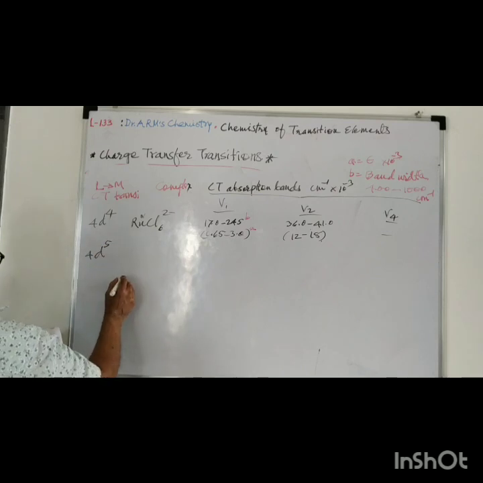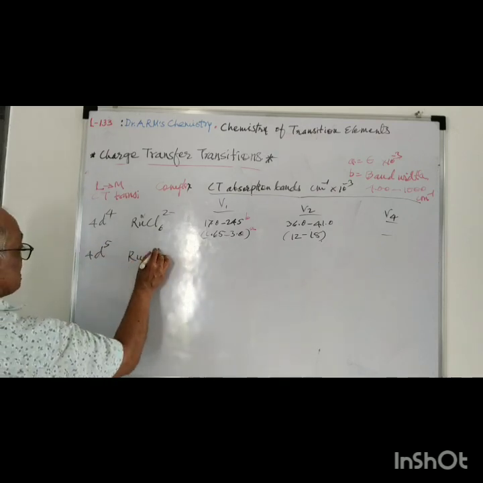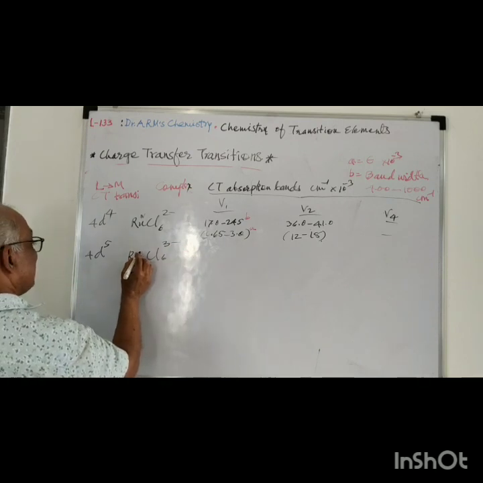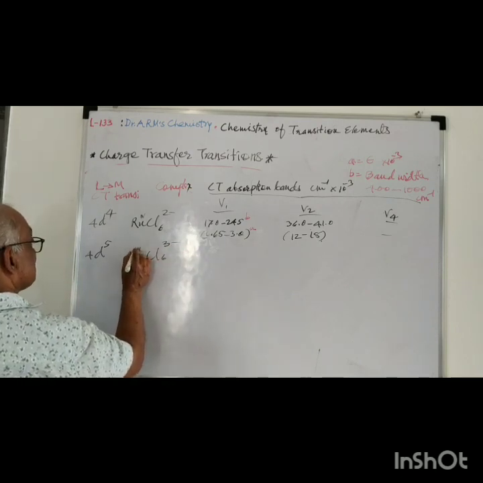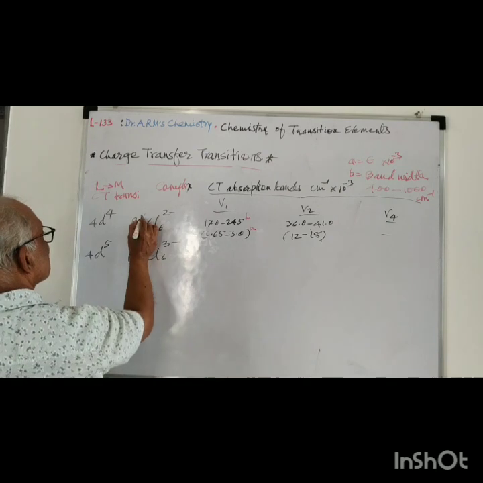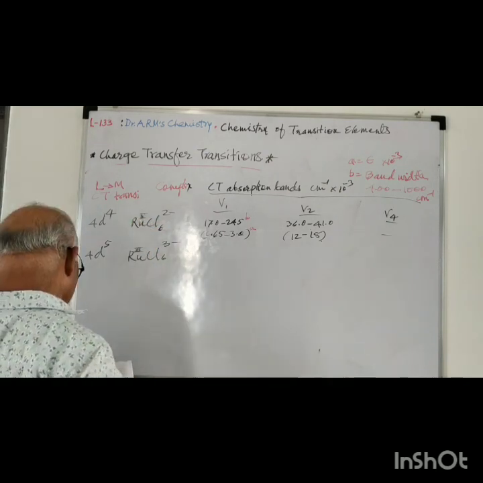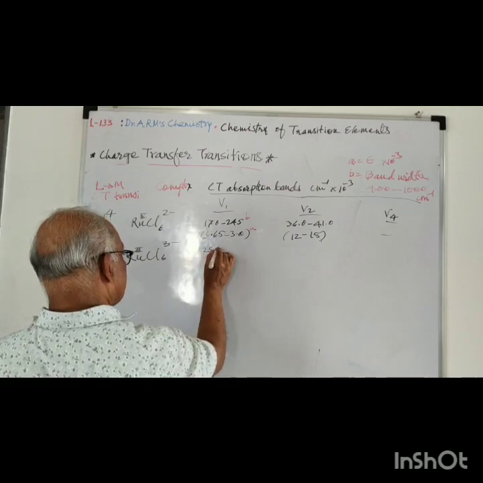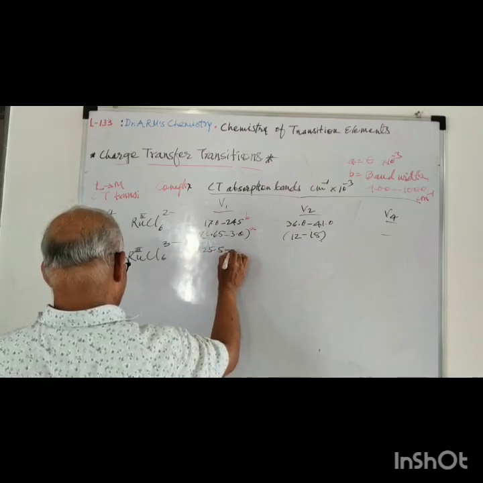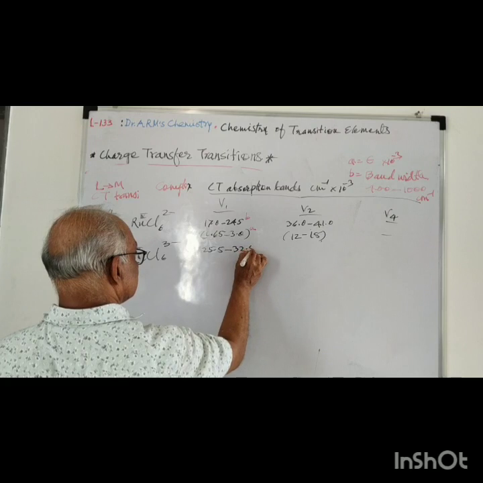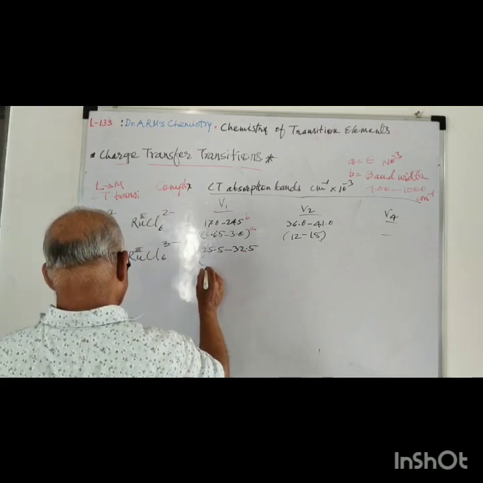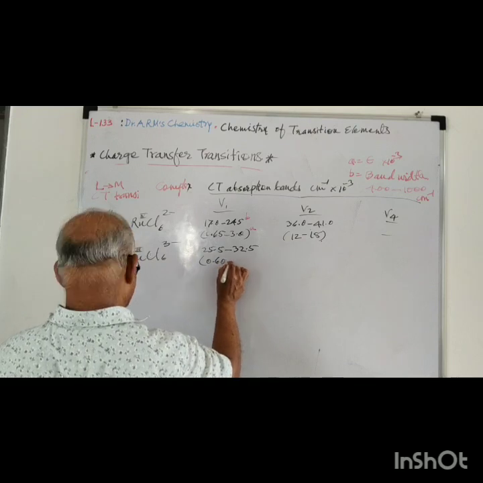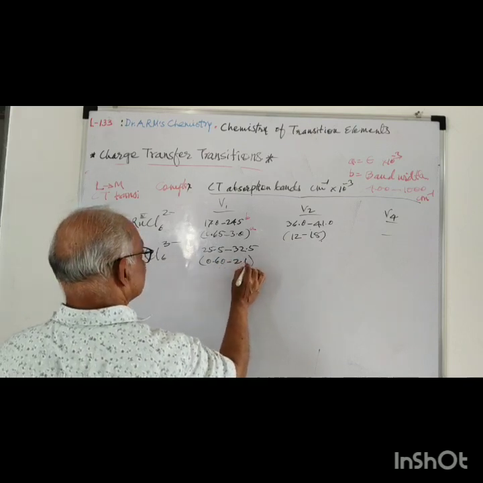Now in case of another complex, 4d5 type of complex, that is RuCl6 3-. Here the ruthenium is in the 3+ oxidation state. So we will have the values like this: 25.5 to 32.5 and 0.60 to 2.1.